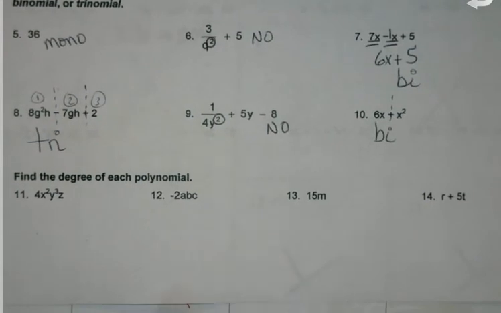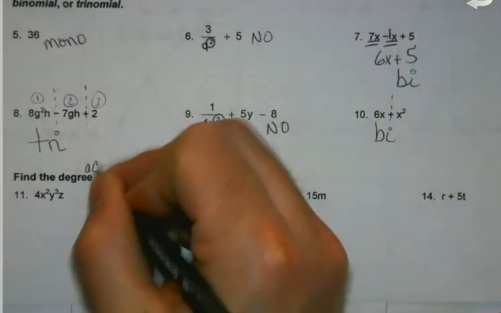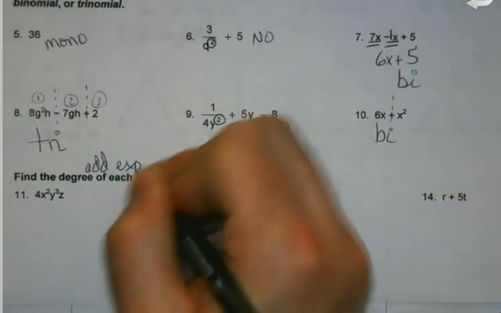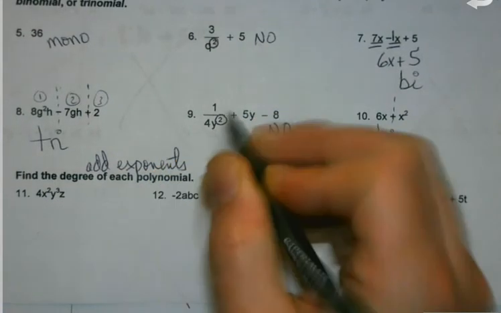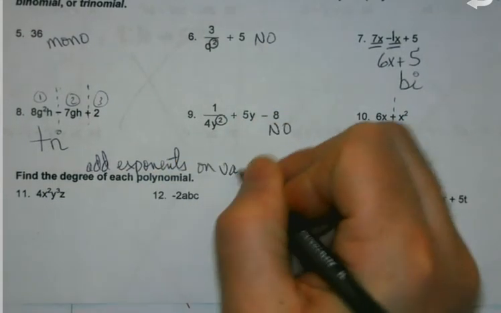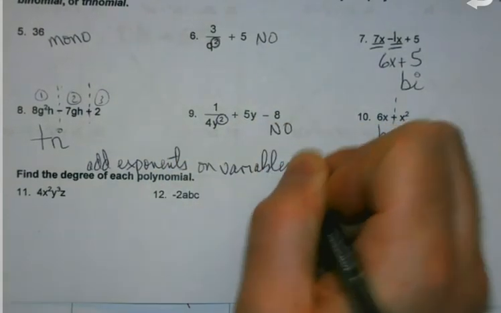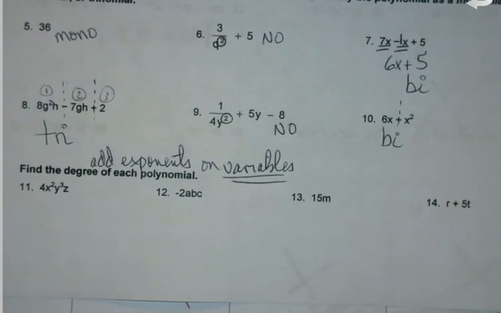Find the degree. Add exponents on variables. Only on variables. So actually we get one that's a little bit challenging here right at the start.